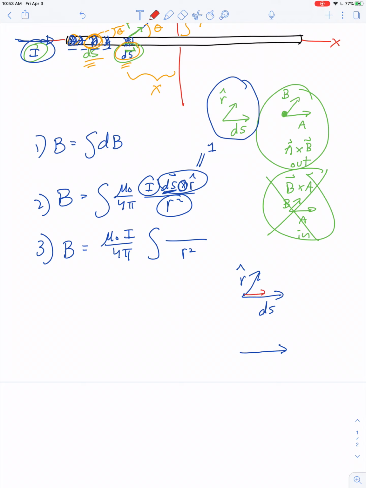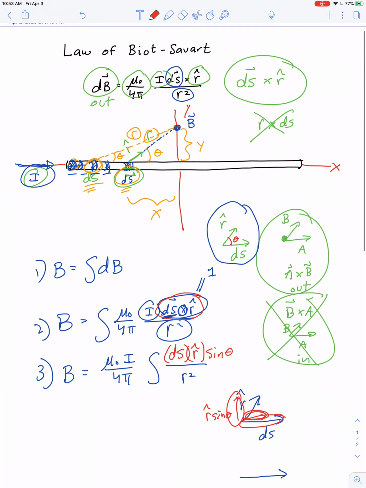There's a component of r hat to the right, and there's a component of r hat that points up. And there is no cross product between this component of r hat and the vector ds. It's only this component. And this component of r hat would be r hat sine theta. So ds cross r hat is just the same thing as ds times r hat times the sine of the angle between them. So we have an angle of theta in between ds and r hat, and that's the angle theta shown in this diagram.